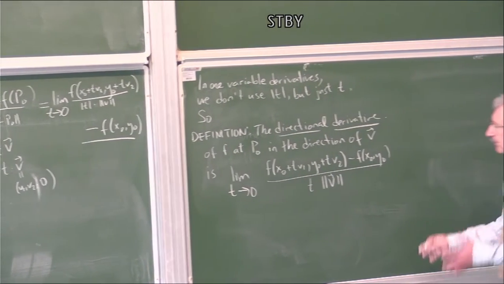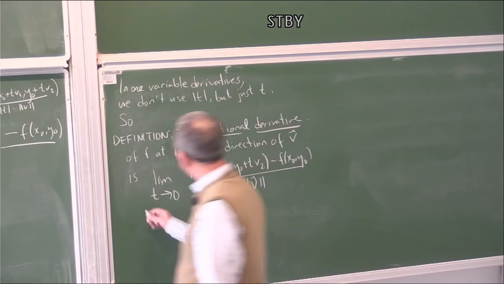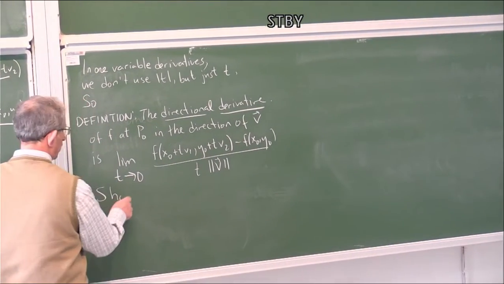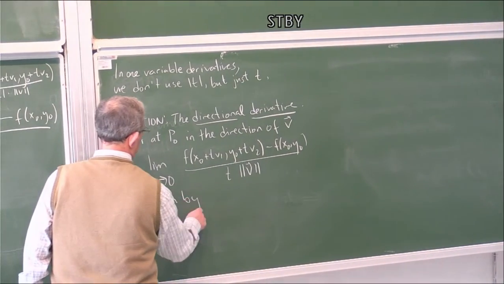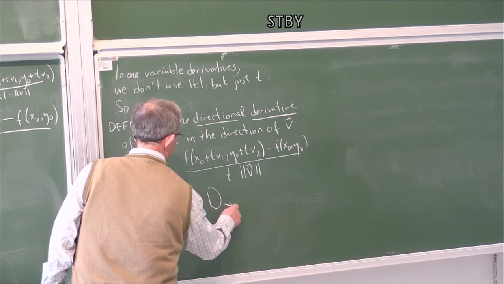So this is our definition of the directional derivative, denoted by D_v of f at p0.